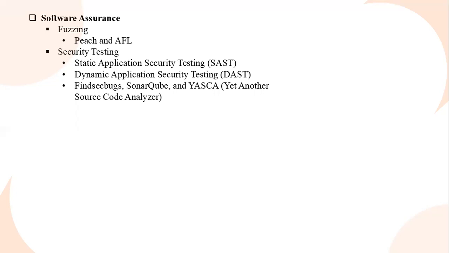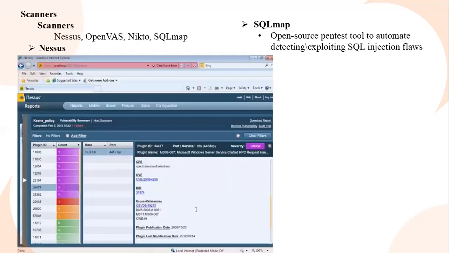That is what you call static analysis. Dynamic will mean when you're running on the go. Things like memory analysis, things like network analysis, all of those kinds of analysis, you classify them under dynamic security testing. Okay, so you have some other scanners like SQLMap, Nikto, OpenVAS, Nessus.